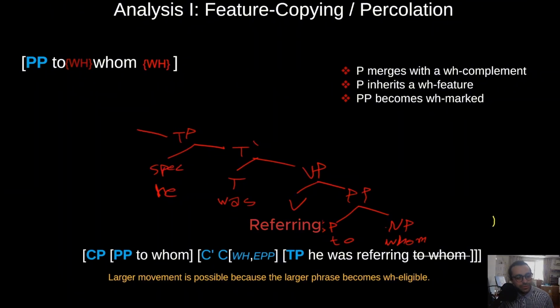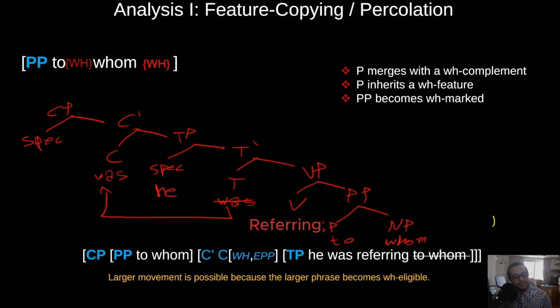And then we move on to the C bar, which is headed by a C, and this will be moved to here because it's a question. And then the CP, and because of the WH feature we'll be looking at where is the WH feature carrying maximal projection.